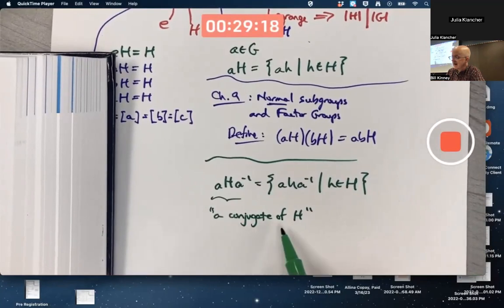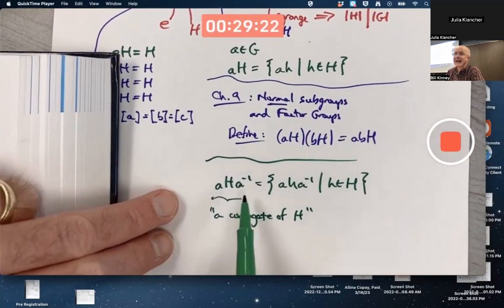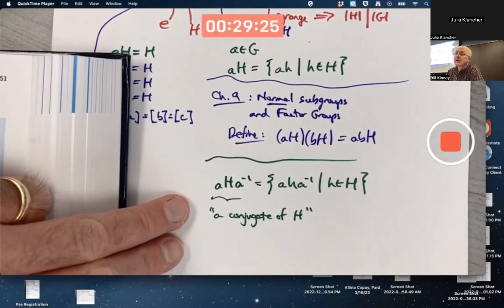Prove that the conjugate of H, this particular conjugate, there are other conjugates if you use different a's, is always a subgroup of G.